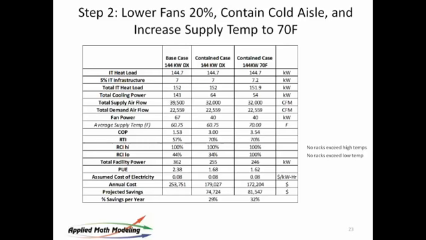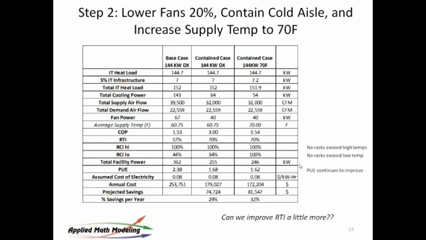Containing doesn't have to be expensive. The curtains work fine, and they're movable, and you can change them. So we are seeing no rack high temps here. You see we brought our RCI low up here, so we're at 100% now. So this is almost ideal.